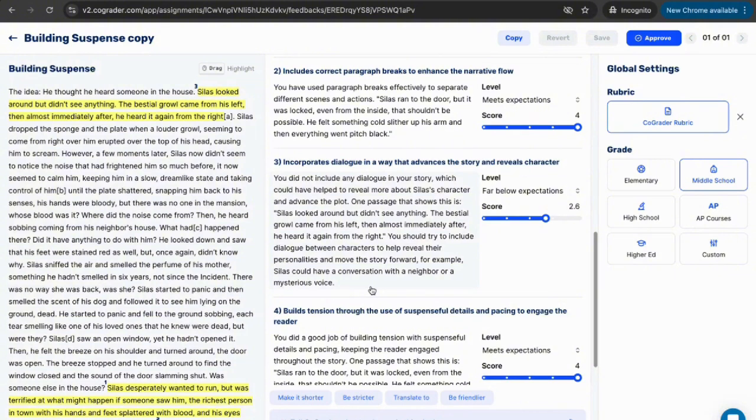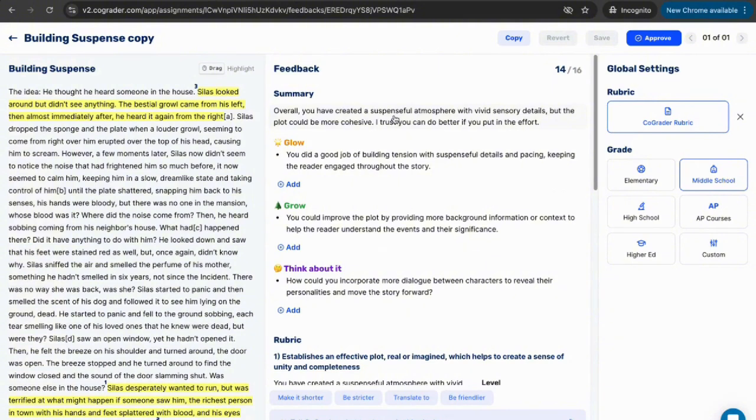So not only do I love that CoGrader picked up on number one, that there was no dialogue in the story and there needed to be. Number two, CoGrader had a specific place where dialogue would have been really helpful. And then number three, CoGrader gives a specific example of where dialogue would have enhanced this writing. So I absolutely love this feedback. I would not change it at all.